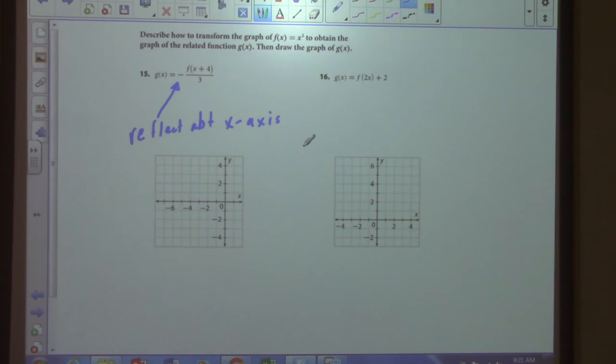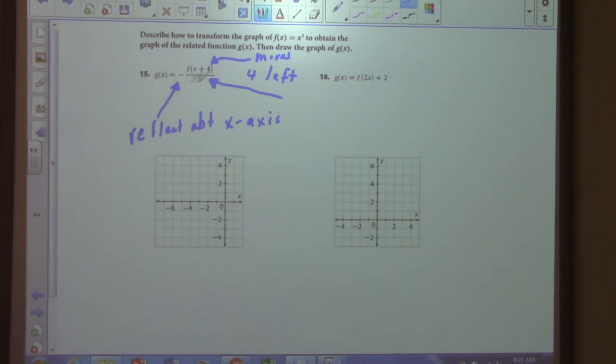Good, Chloe. Somebody else tell what something else does here. It moves to the left. What is it that moves to the left? The 4. Okay, it moves 4 left, right? Good, thank you, Randy. And there's one thing left, this thing right here. What does this do?